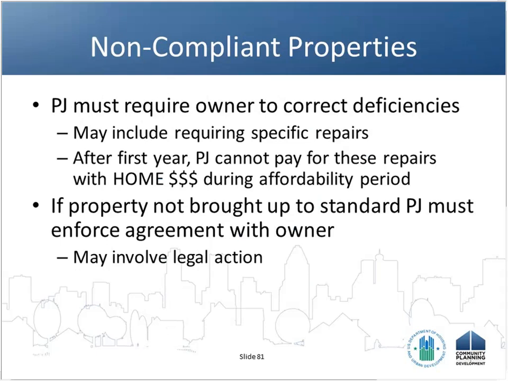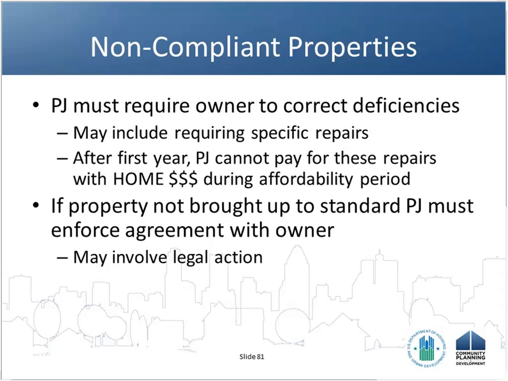And as part of our oversight, we are monitoring, issuing a monitoring letter, and then overseeing to make sure that the repairs were actually made. In that initial year for a property that's been placed in service, the PJ does have some flexibility in perhaps putting some additional dollars in, but after that first year, the PJ does not have the ability to put additional HOME dollars in.